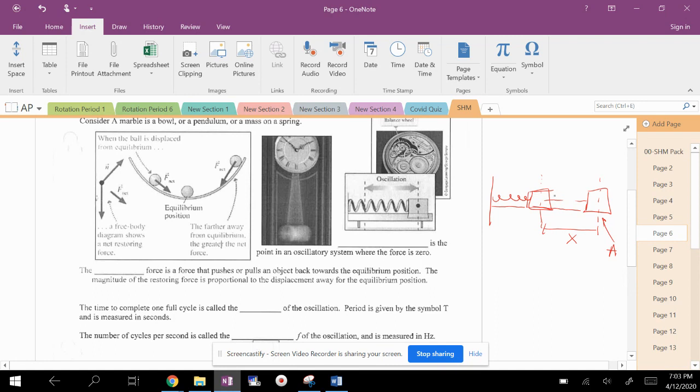What naturally wants to happen is that there's a restoring force, okay? This spring wants to get restored back to equilibrium. So that is the force, a restoring force.